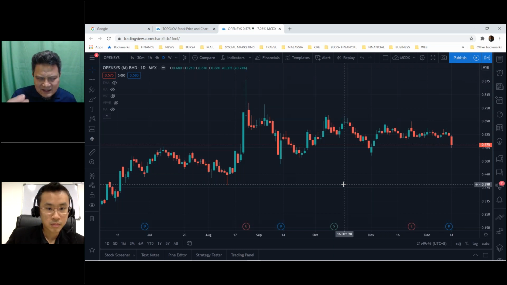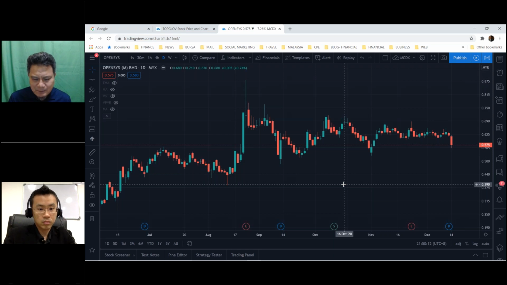What the candlestick does is that it basically records the transactions of the price of that particular day. If these smart money people sell heavily in the market, the price will drop. And if the smart money buy heavily in the market, the price will move up.